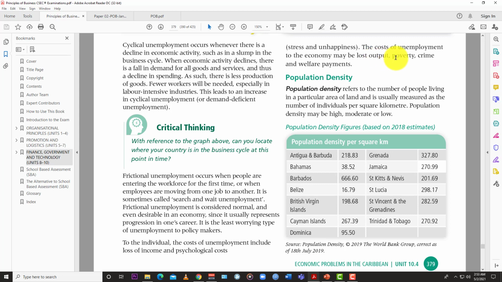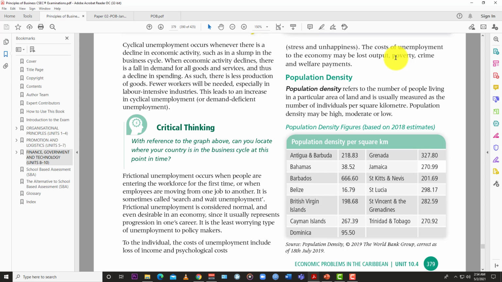Then, of course, poverty. Because you're not working, you have no income, and if you have no income, you can't afford to buy certain things such as nutritious meals, and so you can end up below the poverty line, both absolute poverty and relative poverty. So it can cause poverty to creep into an economy or a country when the unemployment rate is high.